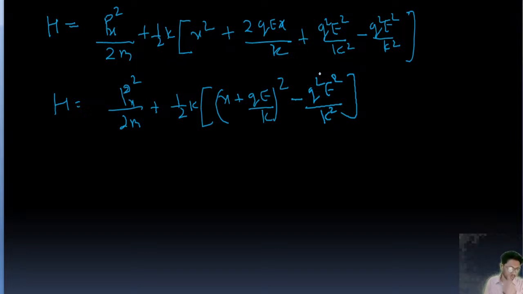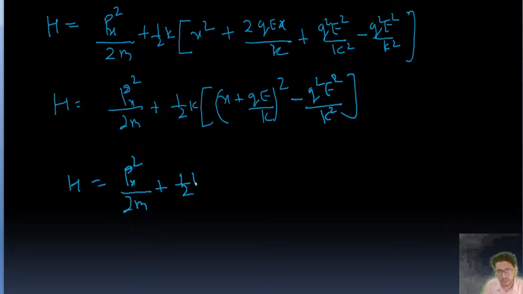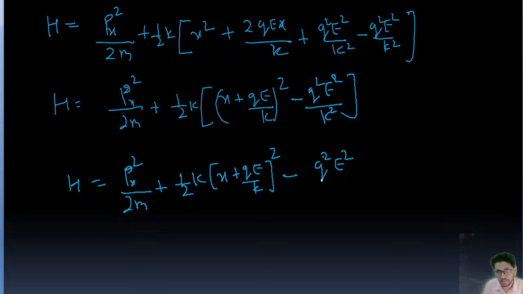Now we simplify further: H equals Px square upon 2m plus half K into x plus QE upon K whole square minus Q square E square upon 2K, as K gets cancelled.